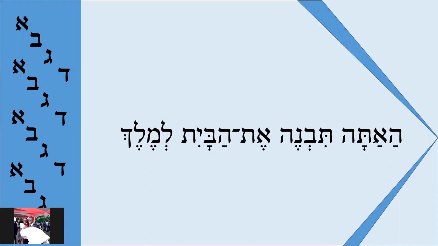Not why, because if we had why, we would have madua or lama, but we didn't have lama here. So it is a general question. Tivne is yiqtol, so it should be future.